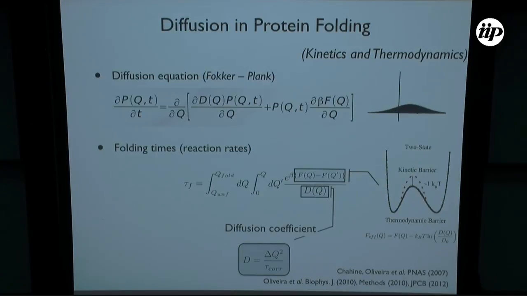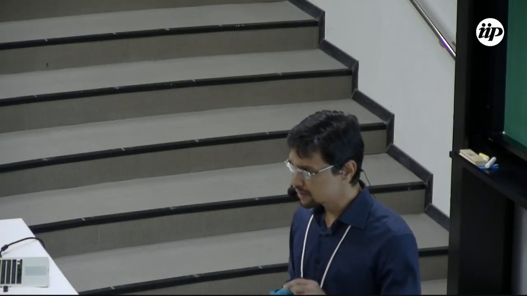As we are seeing in this plot, the free energy barrier has a component which is dependent on the diffusion coefficient. If we take the log of the diffusion coefficient, we have a kinetic dependence. For small proteins, this kinetic barrier can arise, but for bigger proteins maybe not as much.